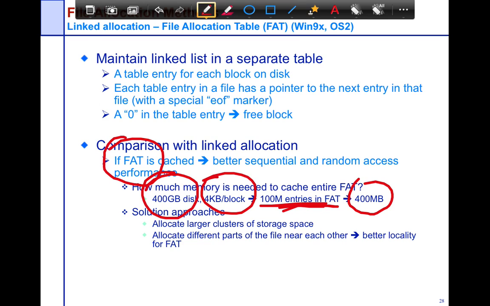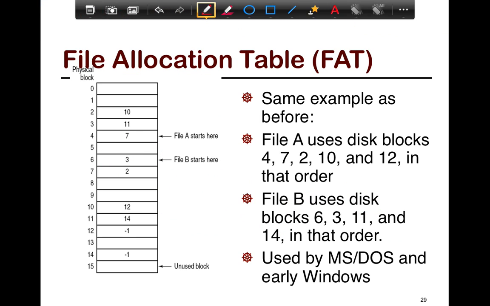One possible solution is to use larger clusters of storage space, but this obviously leads to internal fragmentation. Or you could allocate different parts of the file next to each other, leading to better locality. So FAT, while it has inherent disadvantages, can be tuned to possibly reduce the effects of some of them.